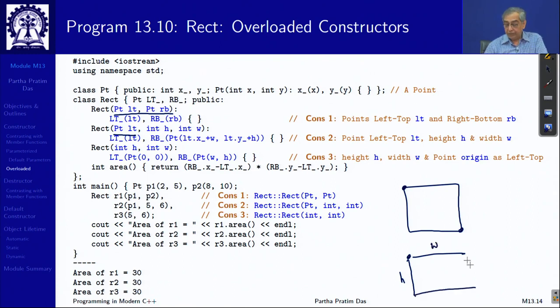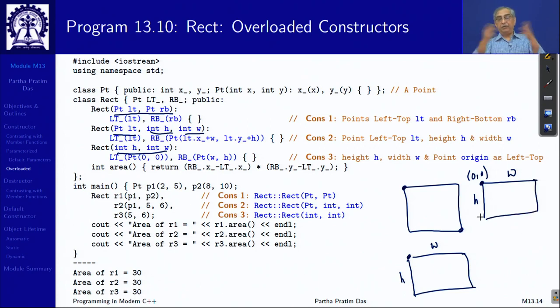So this will also become a rectangle, a very different way of passing the rectangle. Here I am just passing height and width, not the left top. So I have to assume a default. I am assuming that left top is 0 0. So there are different ways I can construct a rectangle, and there are different constructors for that.